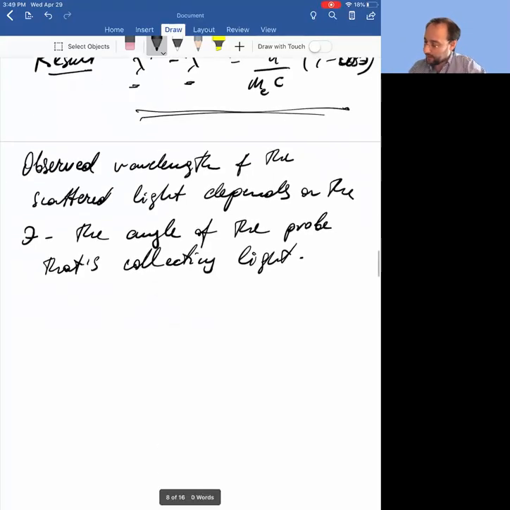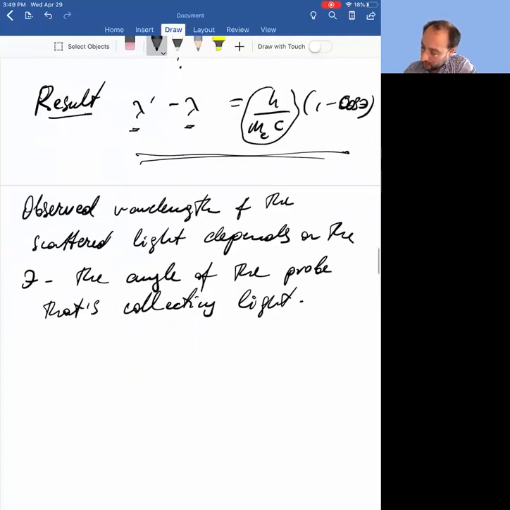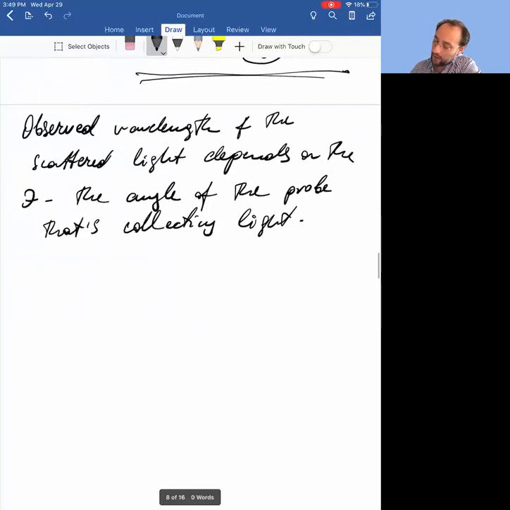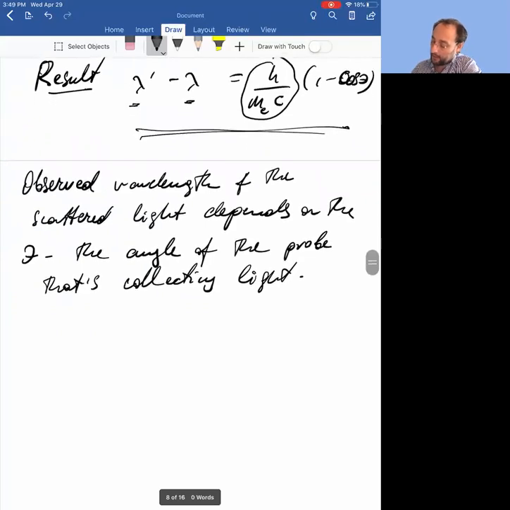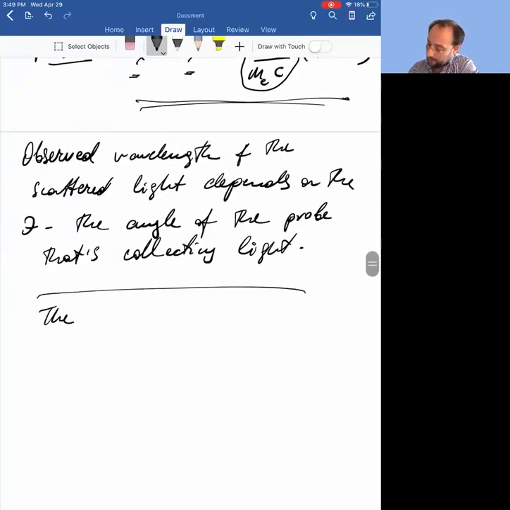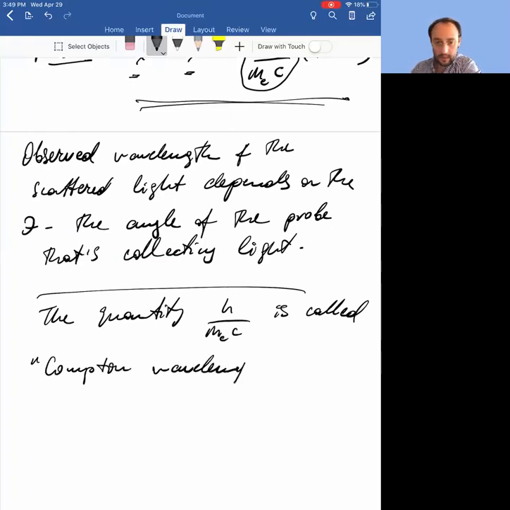Just one comment. This thing right here has units of meters, right? So the quantity h over m electron c is called the Compton wavelength. Well, in this case, it's the Compton wavelength of an electron, because it's the mass of the electron that sits in there.